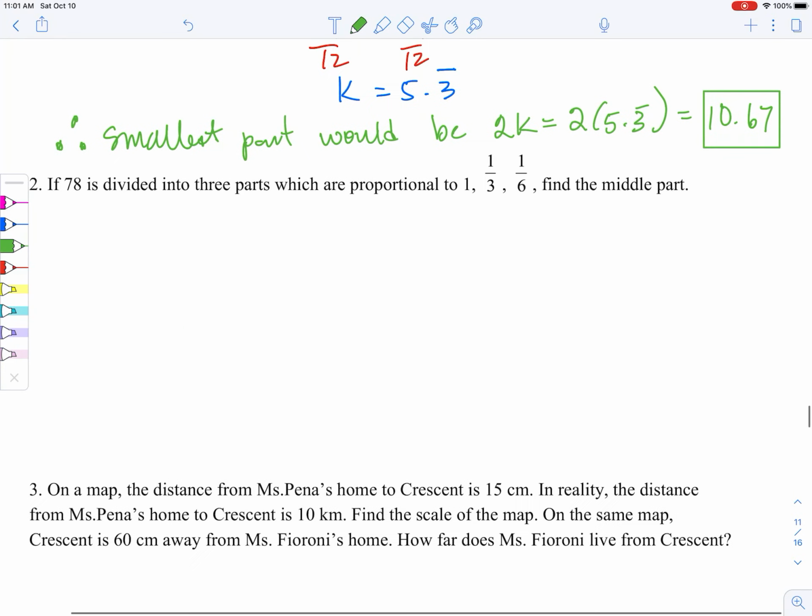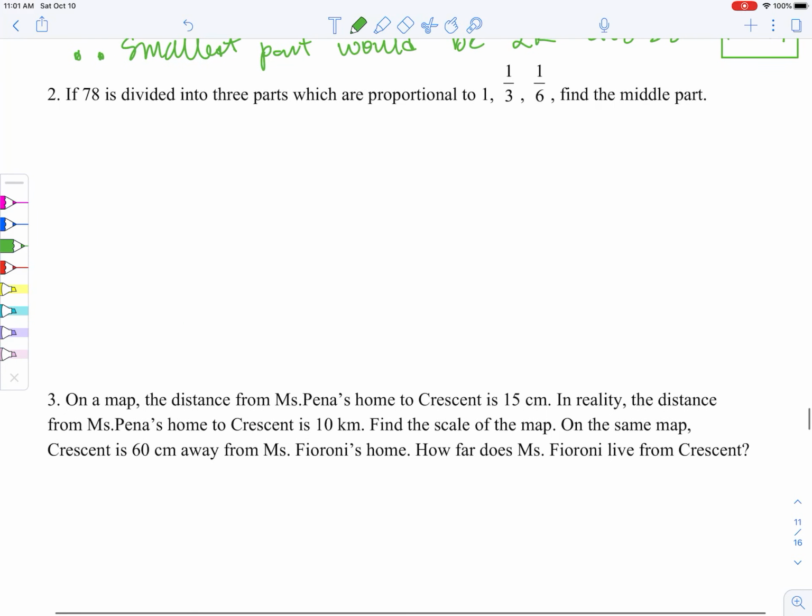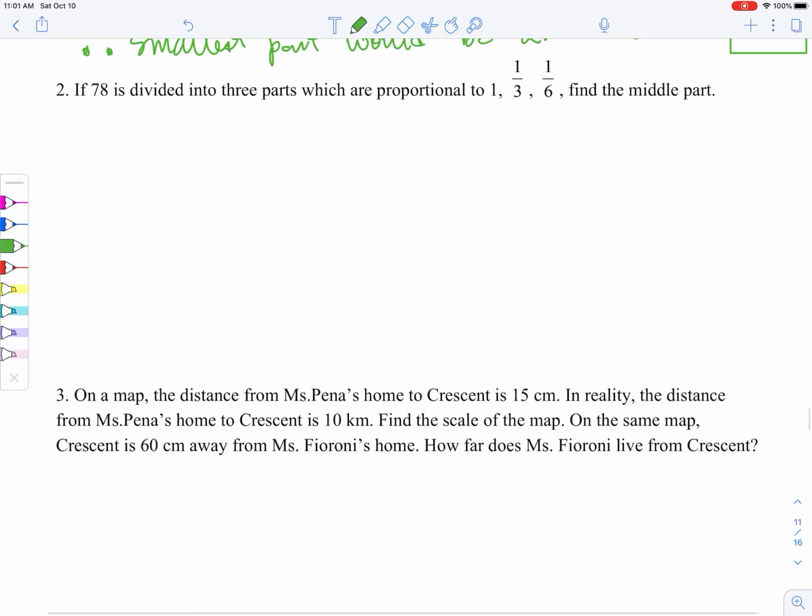Question 2. If 78 is divided into 3 parts which are proportional to 1, 1/3, and 1/6, find the middle part. So again, we have a total of 78, and we have our parts. They're in the ratios of 1 to 1/3 to 1/6.